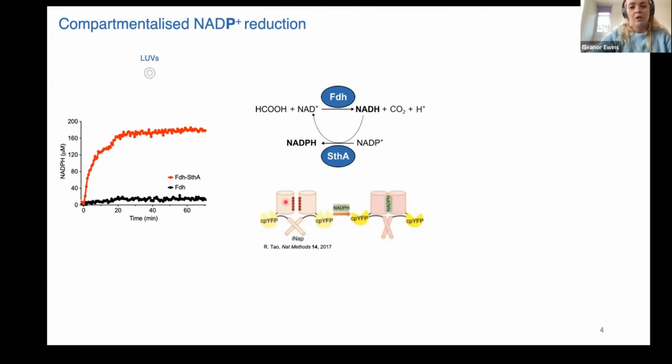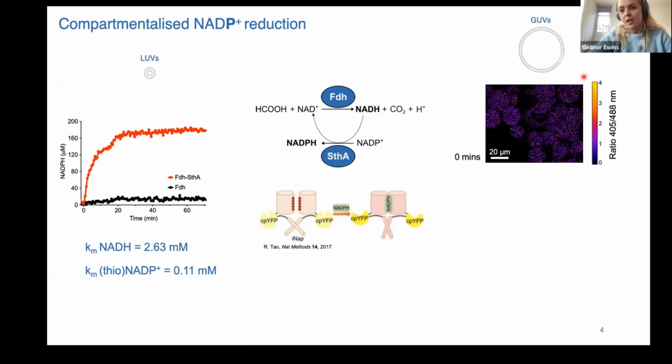And this is a ratiometric sensor, so it works as one region of the spectrum will go down and one region will go up in terms of intensity. And here, again, we were also able to determine the Km for NADH and for NADP plus for the soluble transhydrogenase. And again, we moved the system into giant vesicles.